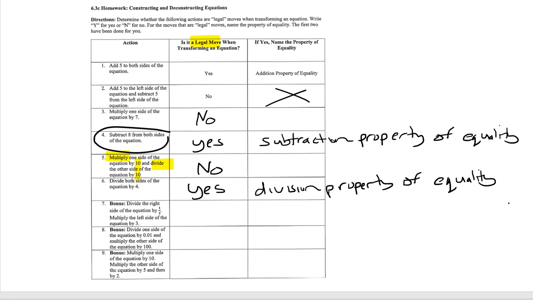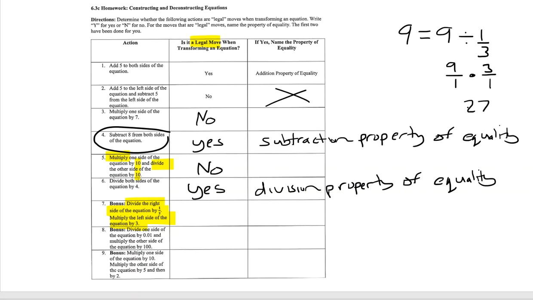Okay, the next one. This one's a little bit tricky. Divide the right side of the equation by 1/3 and multiply the left side of the equation by 3. Okay, let's just look at this. If we divide the right side of the equation by 1/3, remember when you divide fractions, you actually flip the second one and multiply.